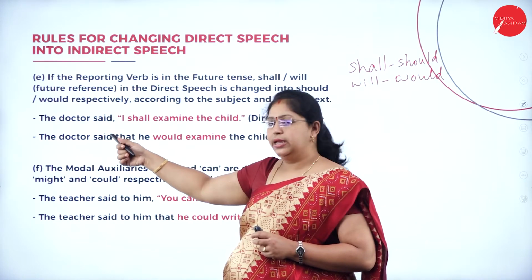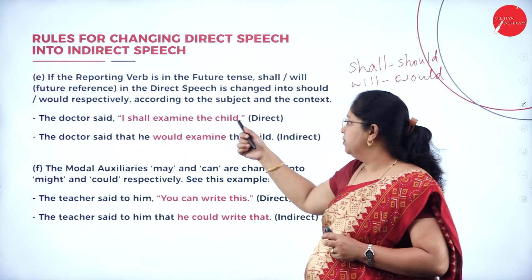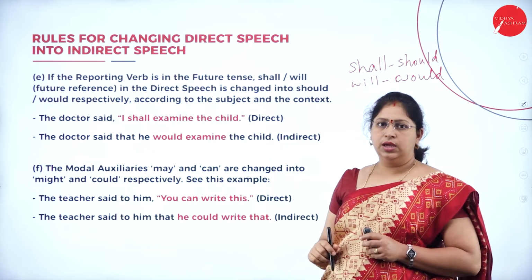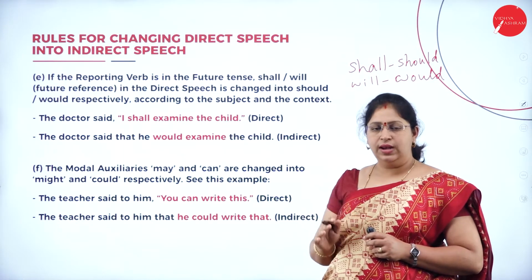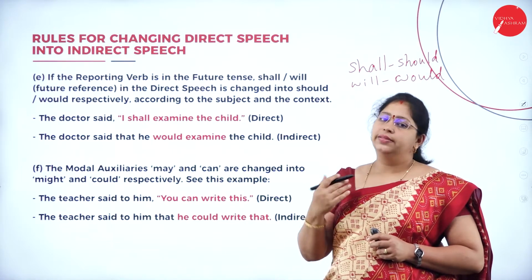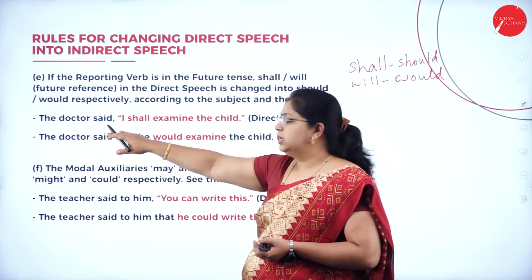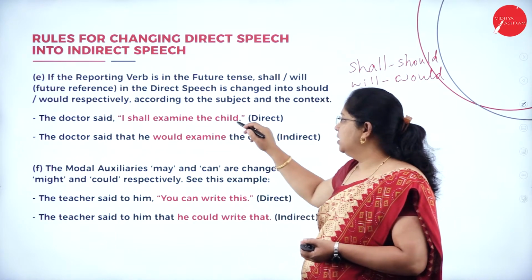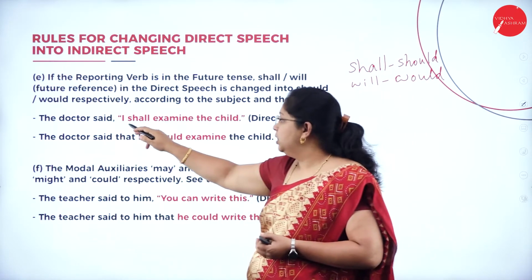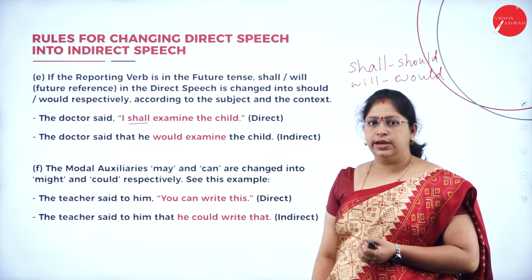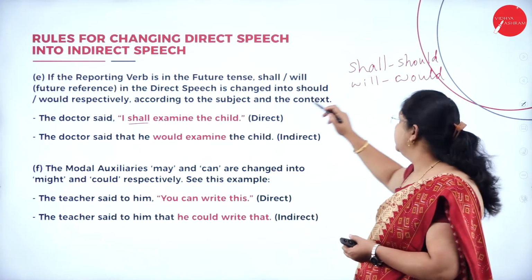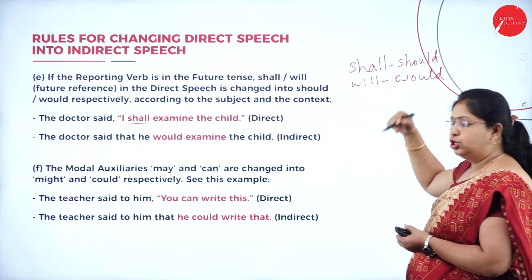The doctor said, "I shall examine the child." So if shall or will are there in the sentence, that is future tense, correct? Shall is in future tense, so what should it become? If it is shall, it should become should, correct?